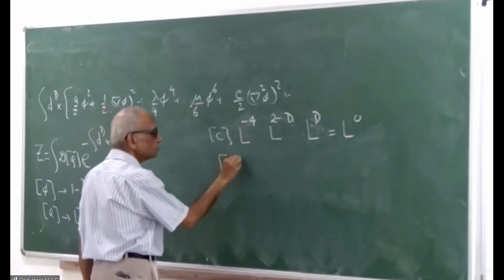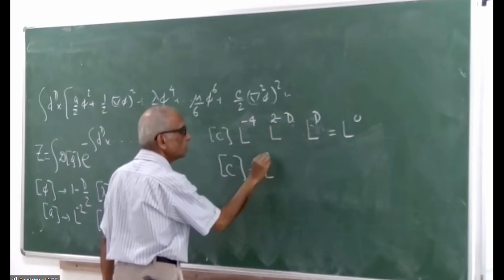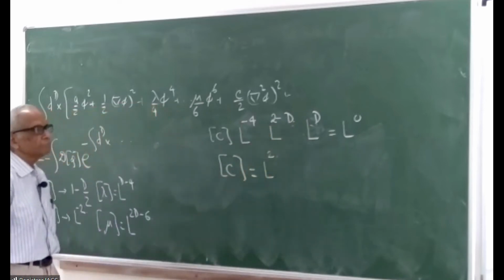So the dimension of C is, with the d's cancelling out, L squared.